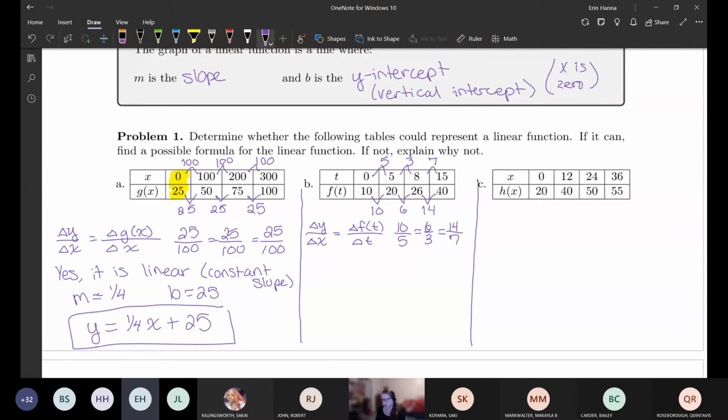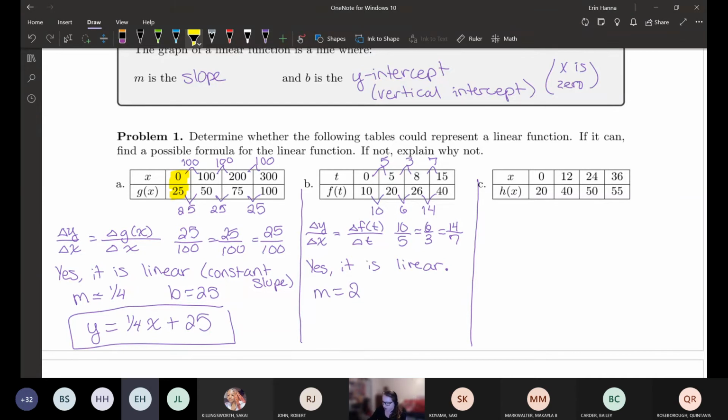Even though none of those numbers agreed, their ratio reduced to the same number, so this is linear. Same reason, it's a constant slope. So our slope turns out to be 2, because 10 divided by 5 is 2, 6 divided by 3 is 2, 14 divided by 7 is 2.